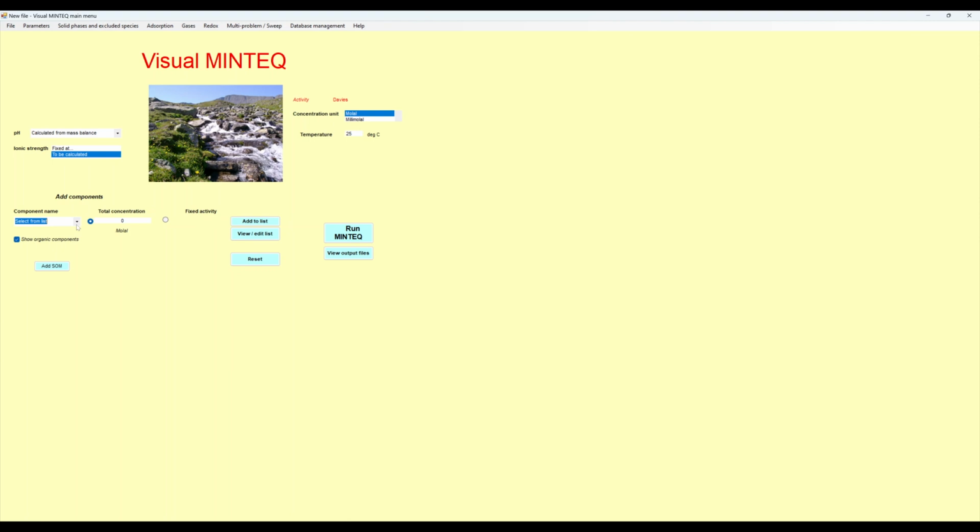So the ratio would be 1. First we have acetate, so acetate minus 1, and the total concentration is equal to the total concentration of the acetic acid that was introduced, so 2 times 10 to the minus 3. So we use this E sign for this program.